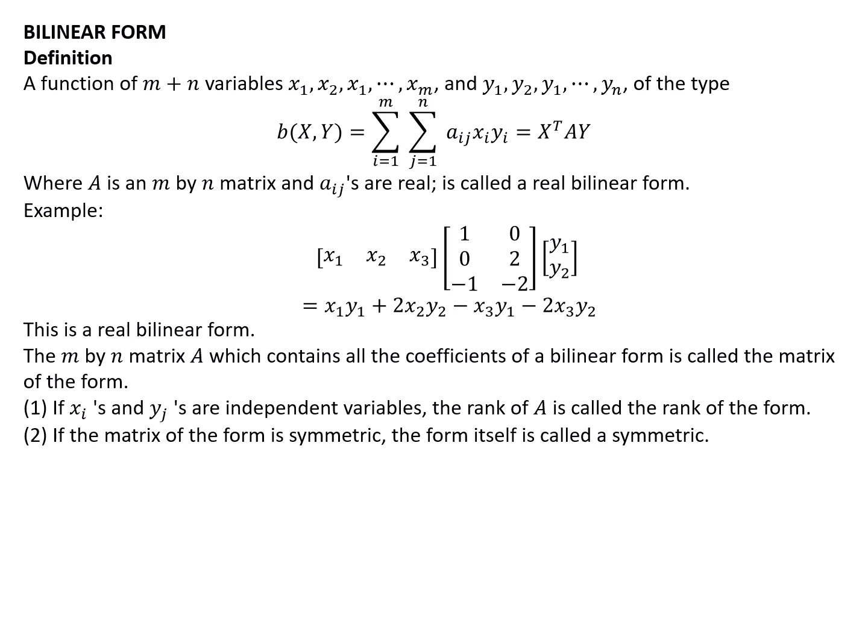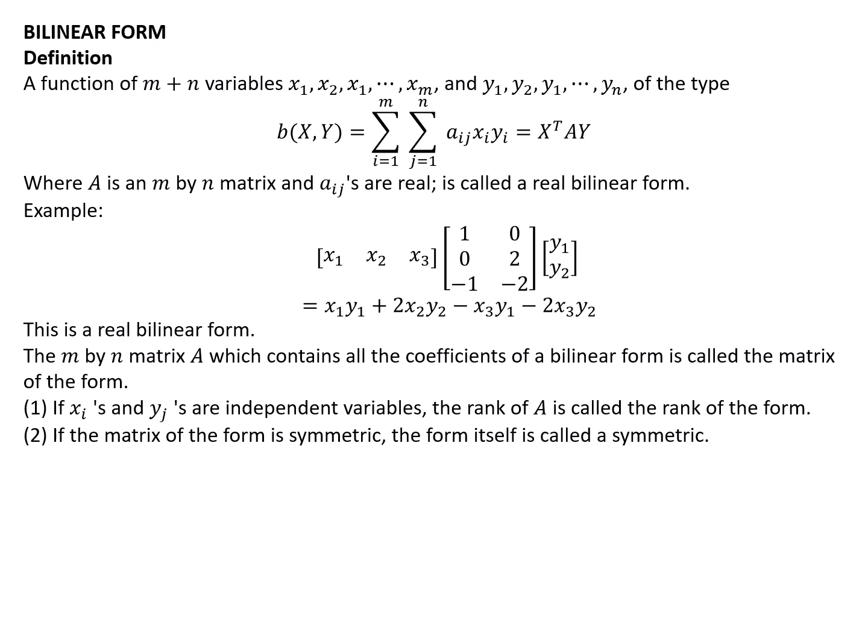The n by n matrix A, which contains all the coefficients of the bilinear form, is called the matrix of the form. If xi and yj are independent variables, the rank of A is called the rank of the form.